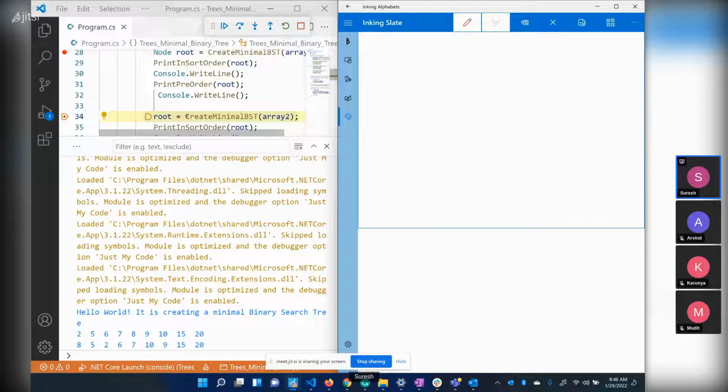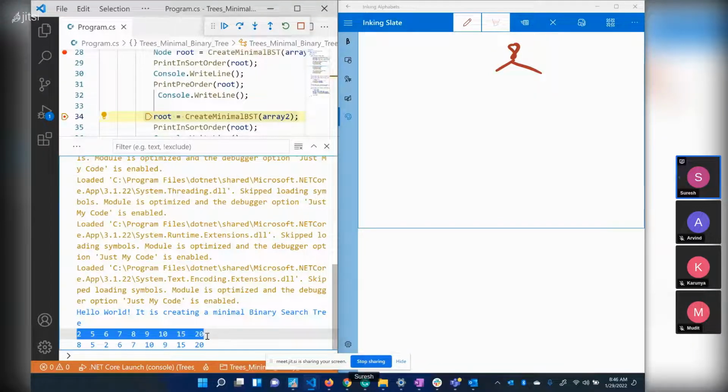So this is the tree, and this is how the tree will be constructed here. If you take these elements, 8 will be the root, and then what is the root for the rest of the elements? Probably 6, right? 6 will be here, and then 5, and maybe 2 is here.